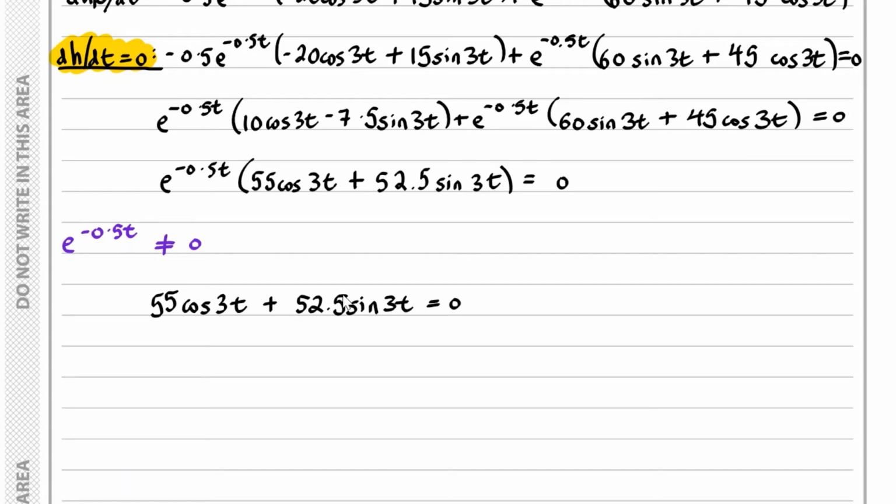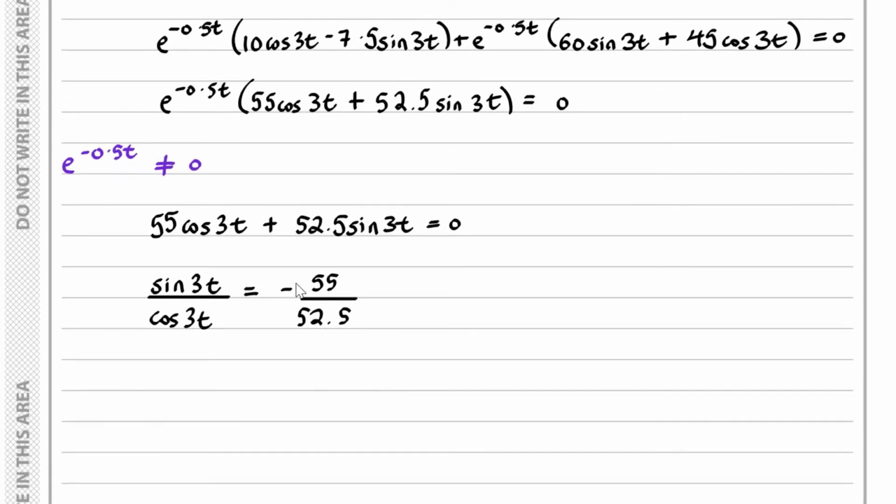And if we solve this equation, first of all, sine 3t over cos 3t is equal to minus 55 over 52.5. So here we get 22 over 21.